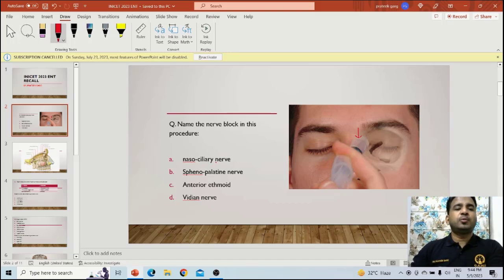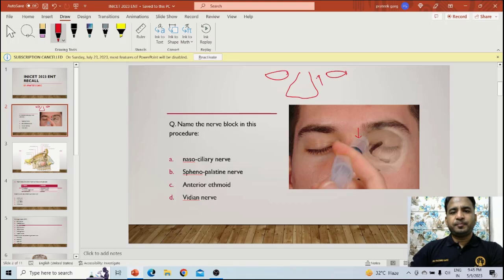And hopefully these four options were there. First was nasociliary nerve, second was sphenopalatine nerve, third was anterior ethmoidal nerve, and fourth was probably Vidian's nerve. So basically, suppose this is my dorsum of the nose and this is my eyes.